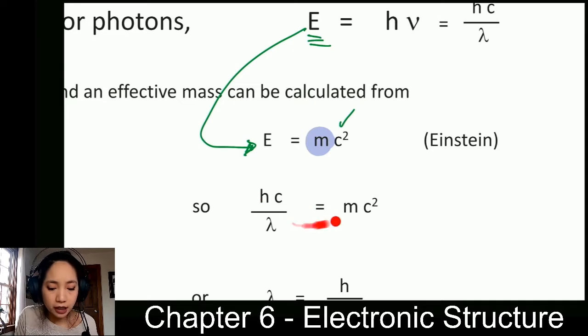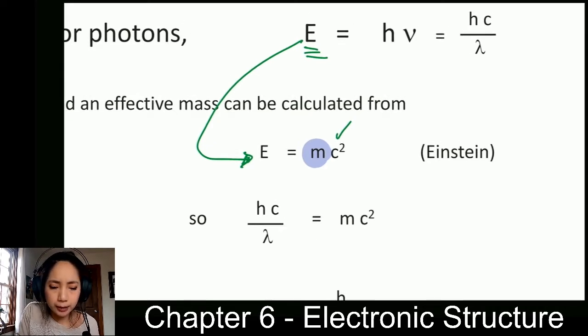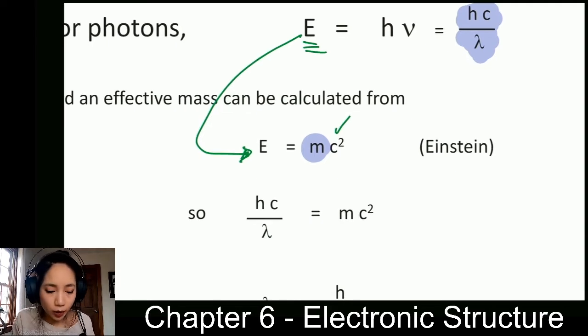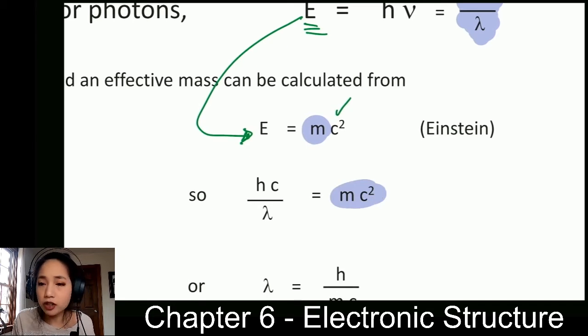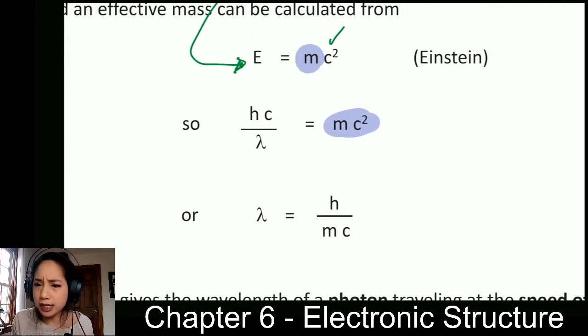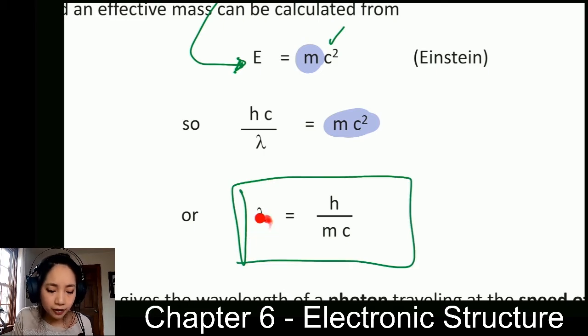We can determine the effective mass of a photon of light. And so what this next line has, we just set equal this part of the equation of our photon, our wave light equation, and then we set it equal to Einstein's equation that relates the effective mass of a photon. And then if we cancel out the extra c's that we have, we can calculate that the wavelength of a photon of light is equal to Planck's constant over mass times the speed of light.